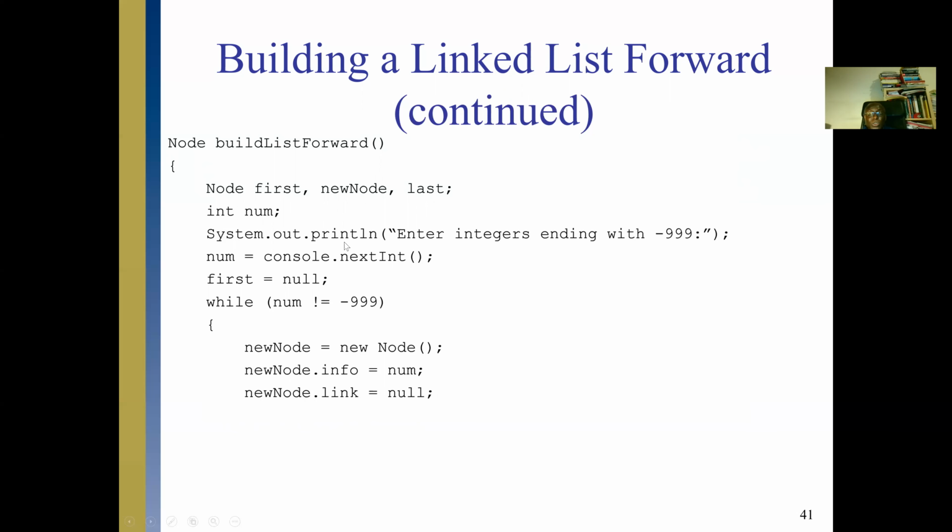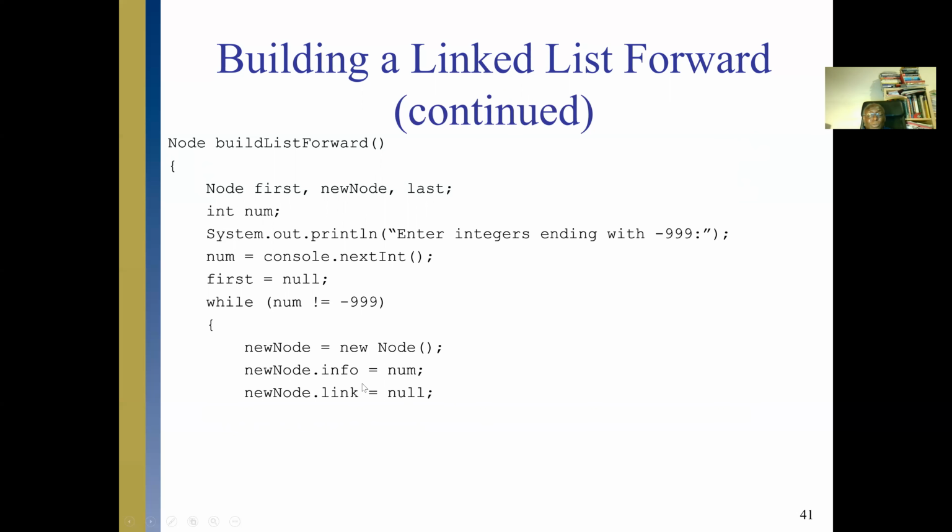So we use the console.nextInt. We assign null to the first. And here we say while num is not equal to the -999, the sentinel value, what we do is create a new node. We assign the number to the new node. Here we can see it creates a new node using the default constructor.